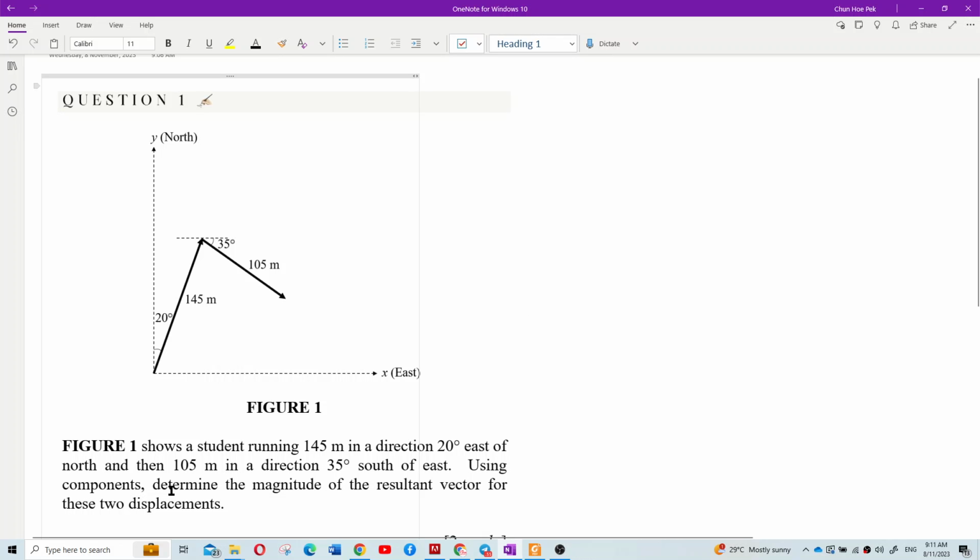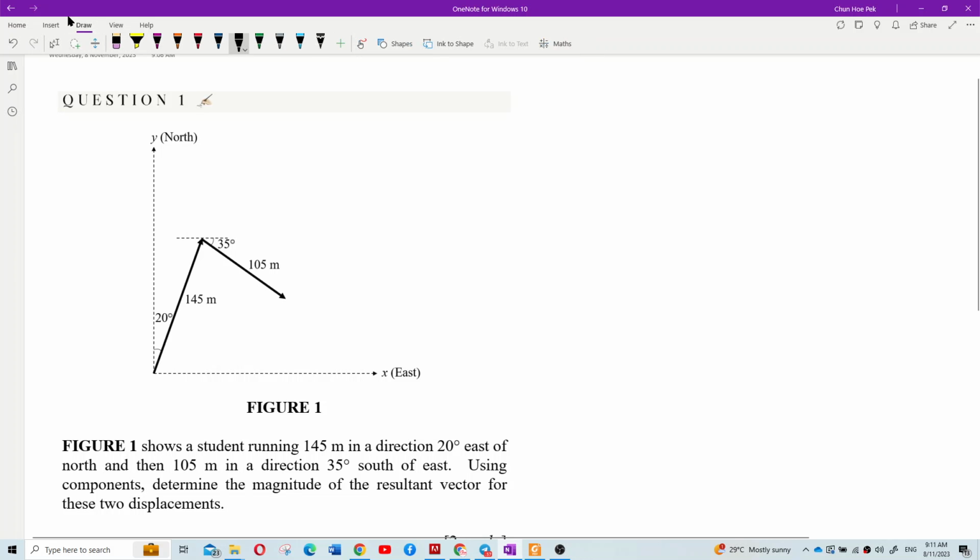Using components, determine the magnitude of the resultant vector for the two displacements. So that means you need to resolve into components and then find the resultant.